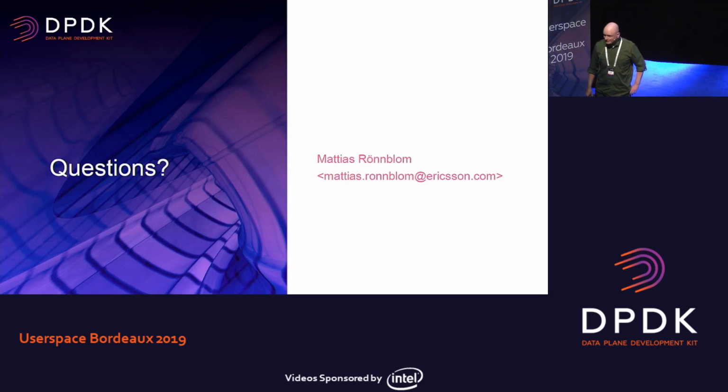Any questions? Entropy generation. How did you establish what entropy source was best? You said that one of the calls, the getentropy call, was best, giving you the best results. How did you establish that? Did you generate a massive histogram or something like that? No, I didn't analyze it.